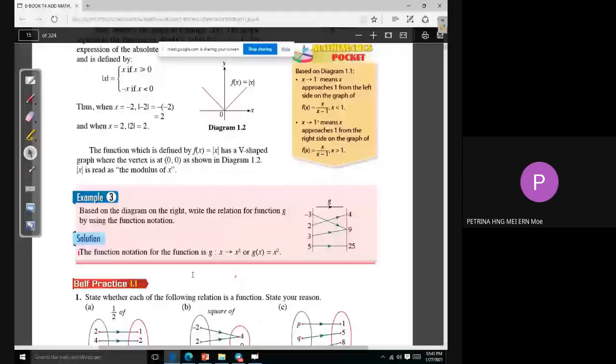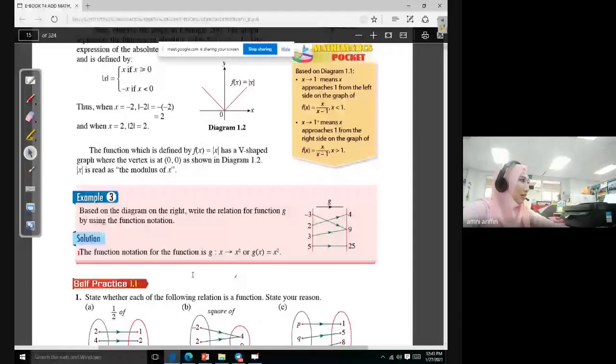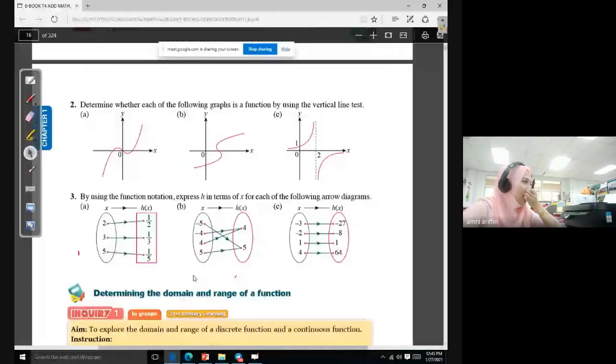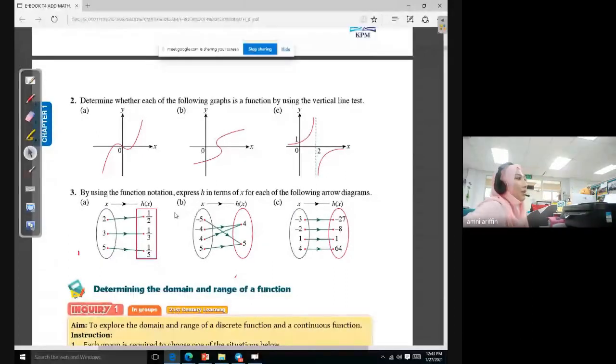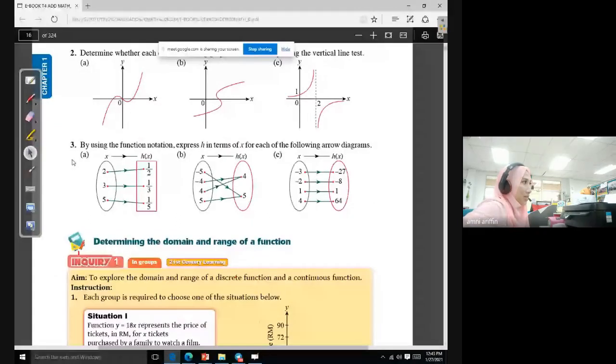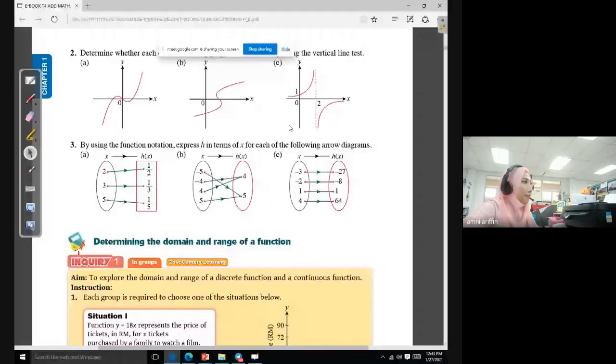Ignore. It's normal. Okay, so kita tengok kepada contoh. Mana yang contoh yang notation? Okay, number 3. By using the function notation, express h in terms of x for each of the following arrow diagrams. Kalau yang ini, dia akan jadi macam mana?